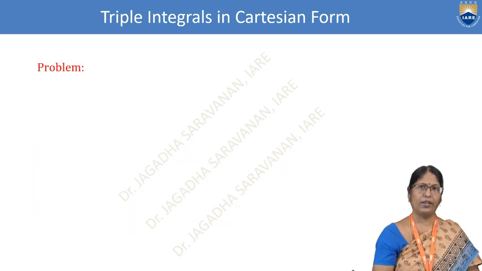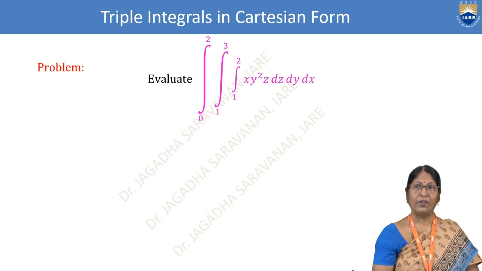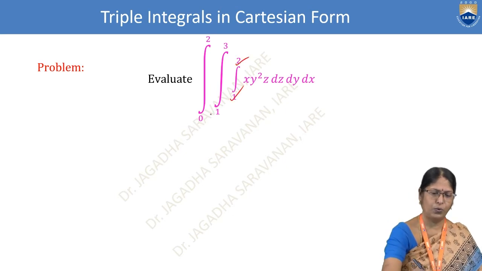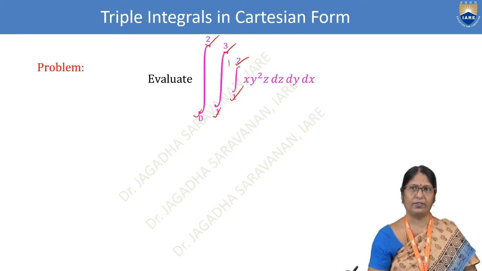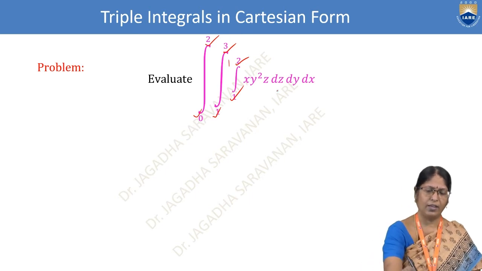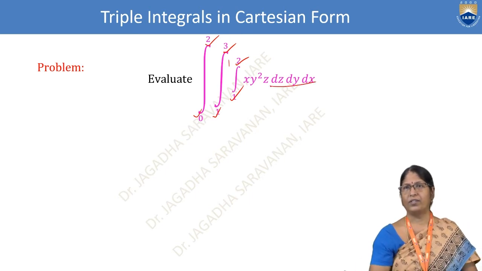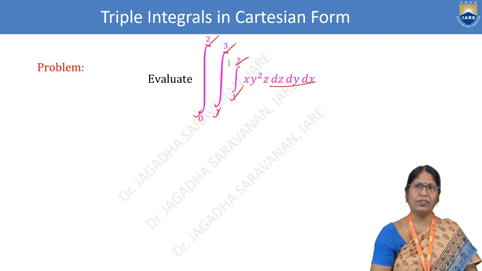So the next one is: evaluate the triple integral. 1, 2, 3, 4, 5, 6. All the 6 limits are constants. If they are constants, here we can do dy or dx first, anything we can do.